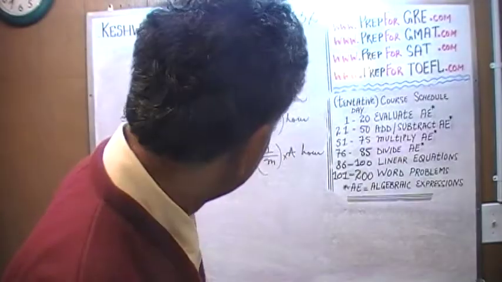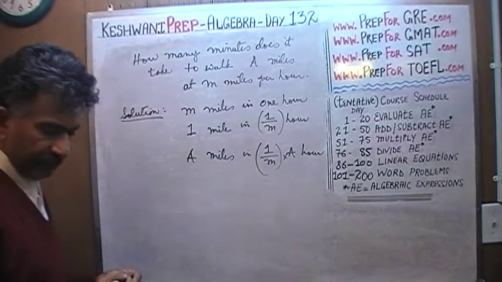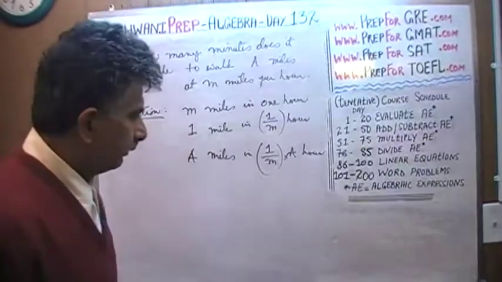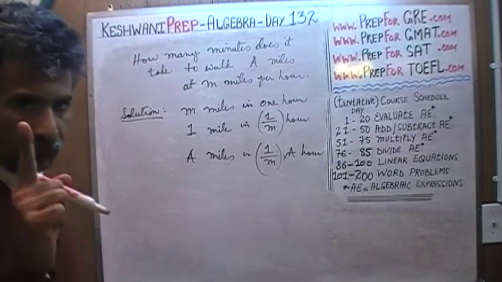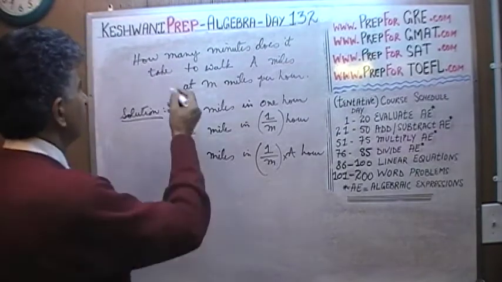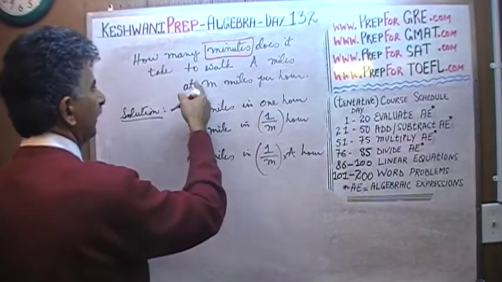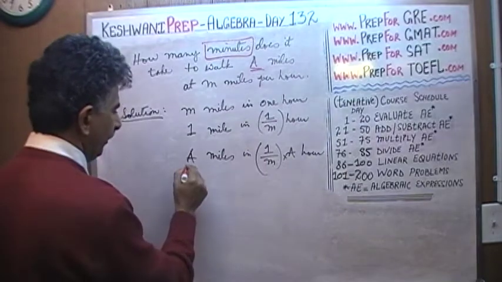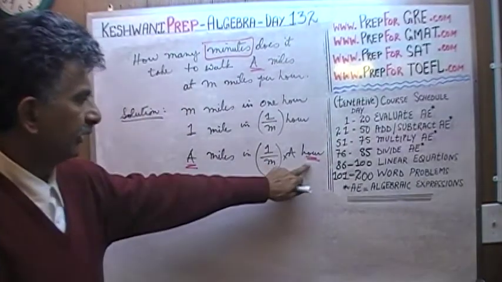One last step left. Actually, there is one last step left, which is that the question says how many minutes does it take to go A miles. What we have found is that A miles takes us this many hours. We just have to convert that hour into minutes.